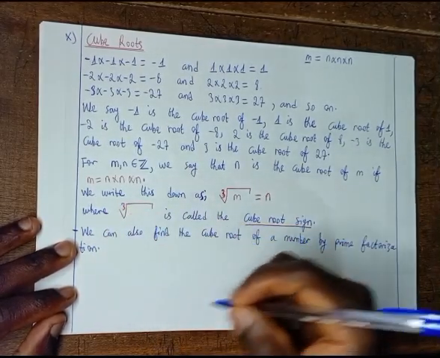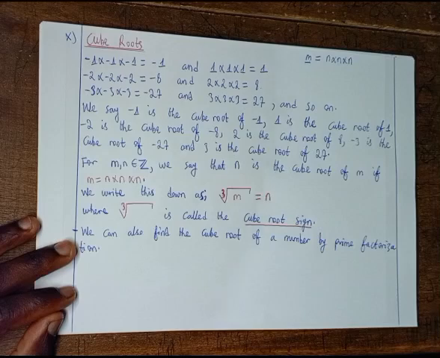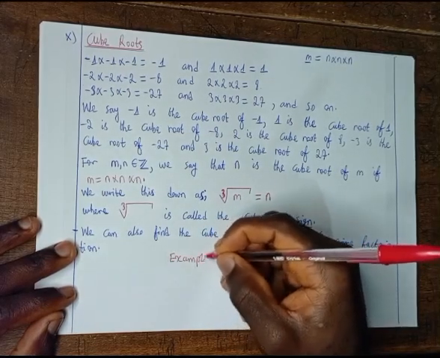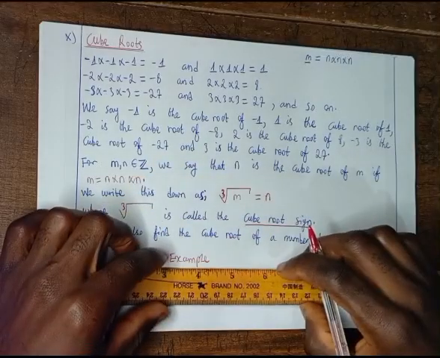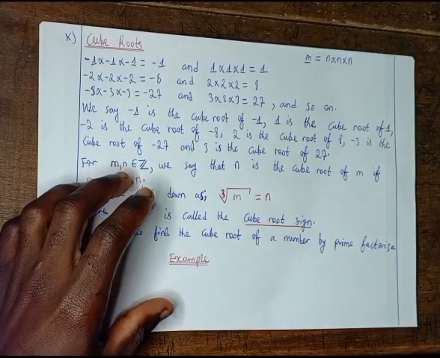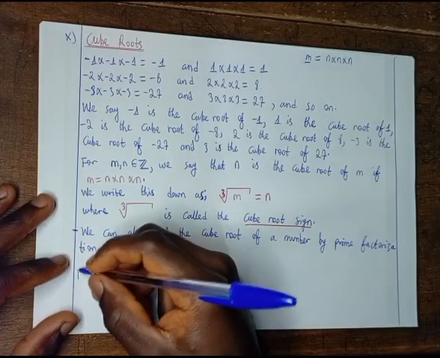So we can use prime factorization to find the cube root of a number. Let's take this example. Find the cube root of 64.